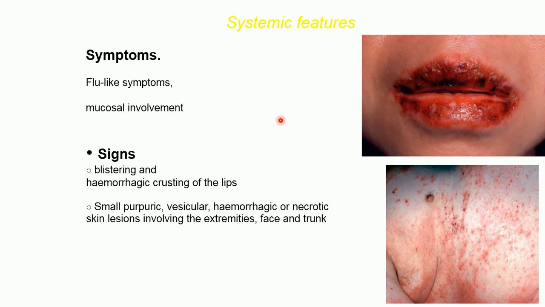The signs are mucosal involvement, with blistering and hemorrhagic crusting of the lips, involving the tongue, oropharynx, nasal mucosa, and genitalia. There are small purpuric, vesicular, hemorrhagic, necrotic skin lesions involving the extremities, face, and trunk, usually transient but may be widespread. Healing usually occurs within 4 weeks, leaving a pigmented scar. Widespread sloughing of the epidermis is uncommon. Target lesions show classic 3-zone or raised atypical characteristics of erythema multiforme rather than Stevens-Johnson.